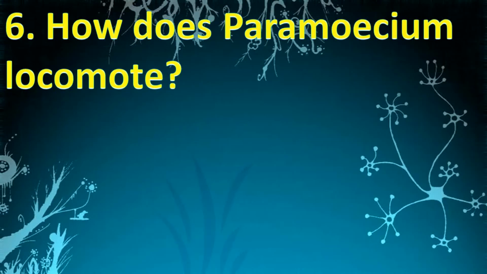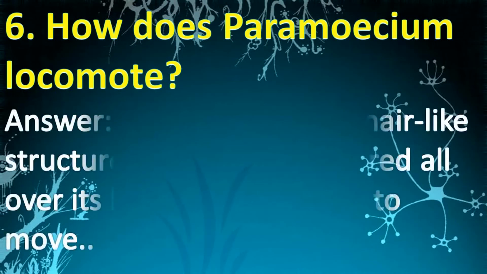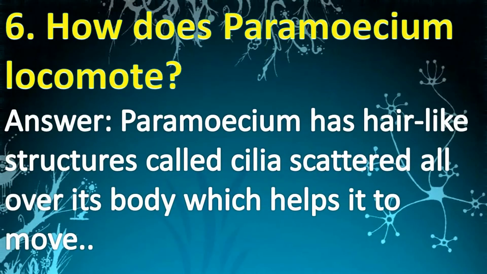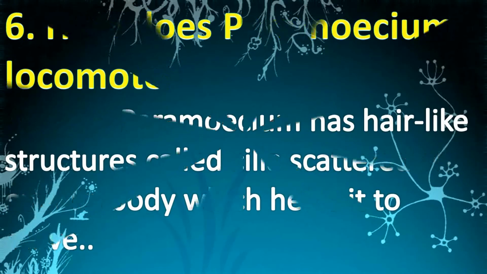How does Paramoecium locomote? Paramoecium has hair-like structures called cilia scattered all over its body, which help it to move. Next question.